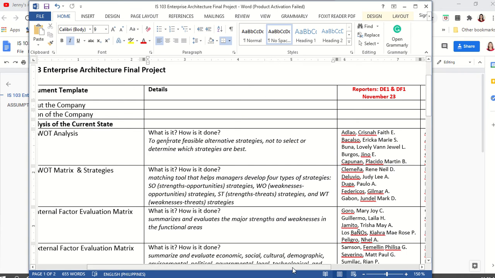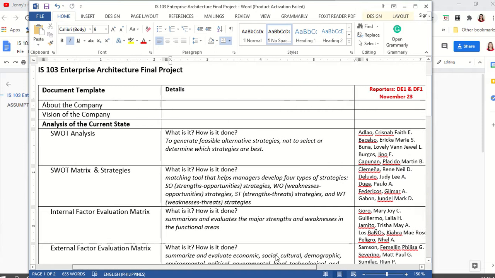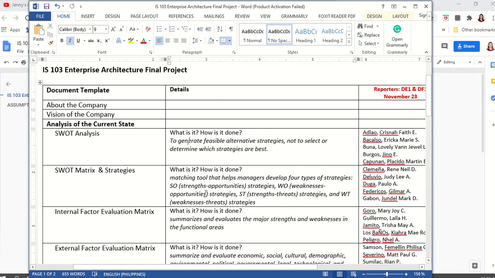It is a matching tool that will help managers develop four types of strategies. We match strengths and opportunities, weaknesses and opportunities, strengths and threats, and weaknesses and threats.